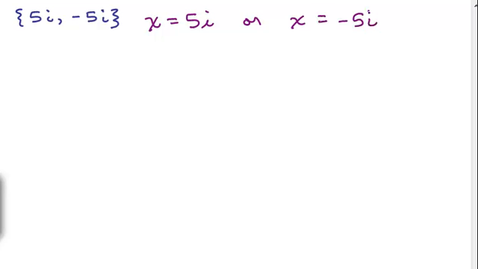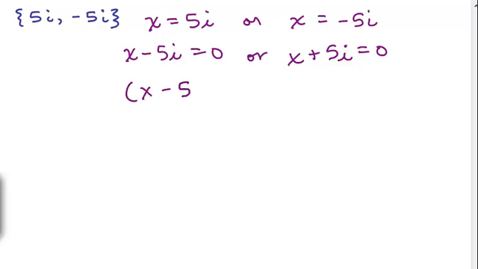That must have been the previous equation if I had done it through factoring, and then I set each one of these equal to 0. Granted, most people aren't going to solve an equation and get factors like this, but it is possible to do it. So these must have been the two factors, x minus 5i times x plus 5i.